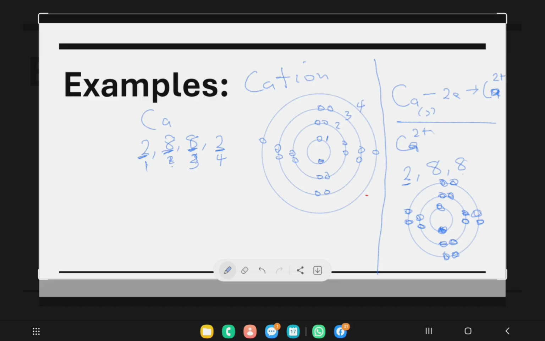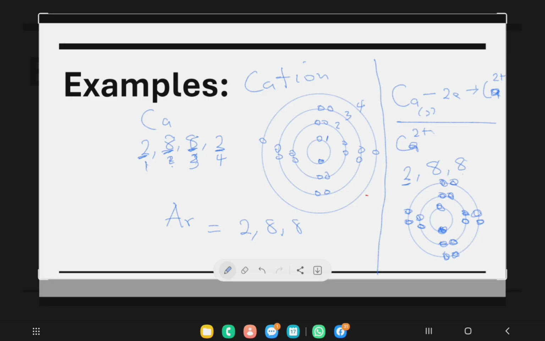Argon is element number 18, while potassium is 19. So this calcium, having lost 2 electrons, has fallen back to the noble gas argon, whose structure is 2, 8, 8. So this is how cations are formed.